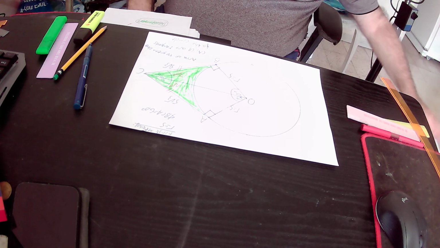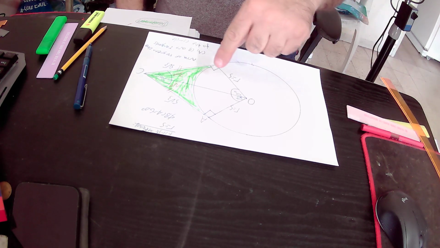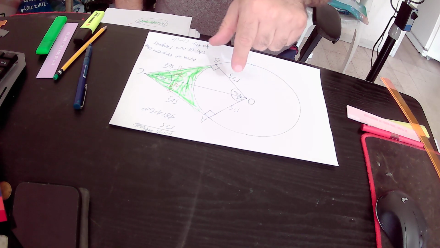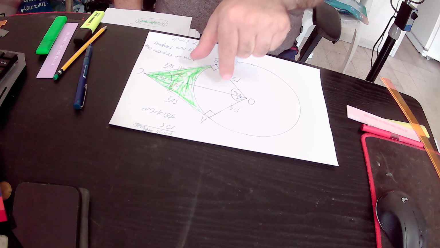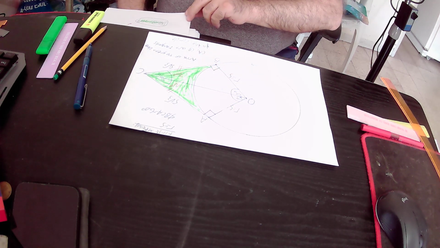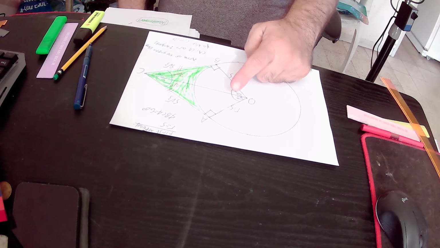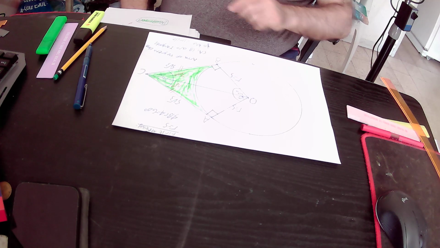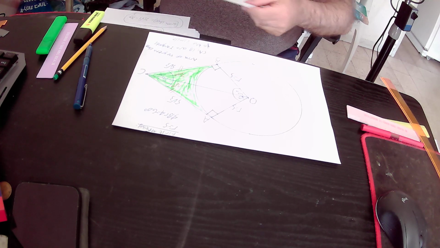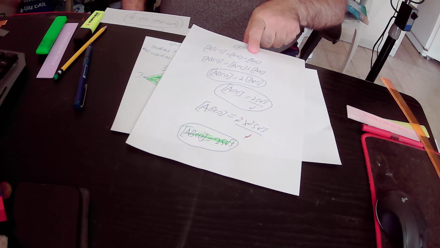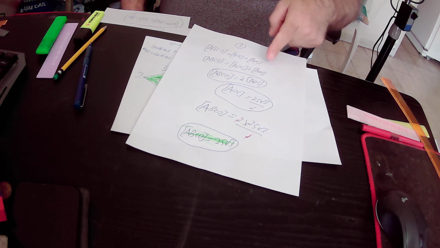And what is the area of quadrilateral ABCO? The area of quadrilateral ABCO equals the area of triangle AOC plus the area of triangle BOC. But we have already found out that the two areas are equal, so we can substitute the area of triangle BOC by the area of triangle AOC.